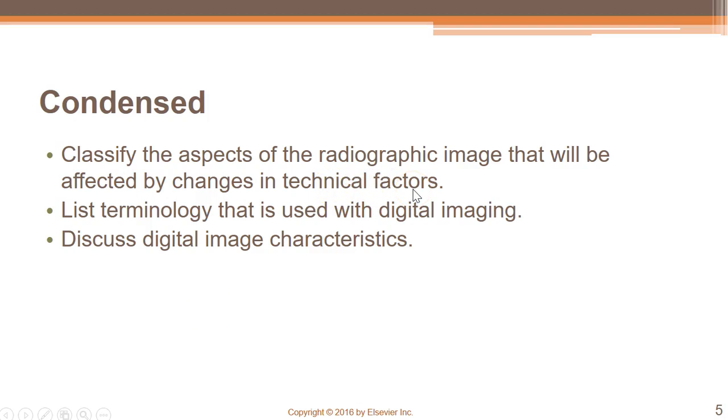So we've already talked about the exposure factors that we have to have knowledge of, how to use them, how to adjust them, and we've also talked about secondary factors, and then we've talked about accessory devices or collimation and grids and things like that. But this is putting them all together and knowing how each one of those changes will affect your image. So this is pretty much bringing it all in together into one big, this is how we take a quality image.